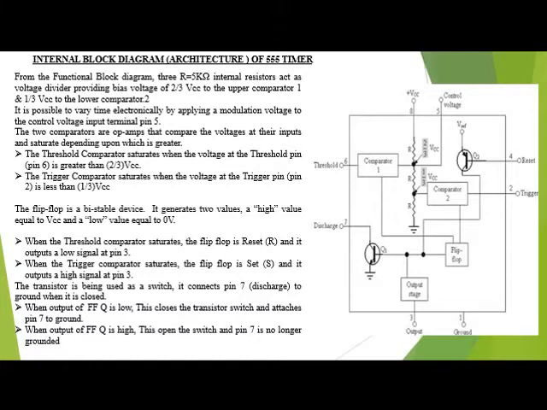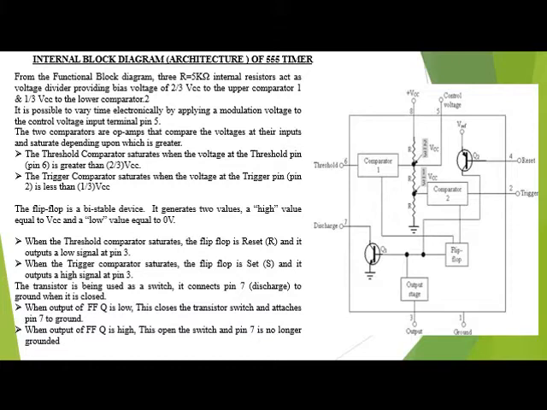From this functional block diagram, there are 3 resistors, each a 5 kilo ohm internal resistor, that act as a voltage divider to provide a biasing voltage of 2/3 of VCC to the upper comparator 1 and 1/3 of VCC to the lower comparator 2.